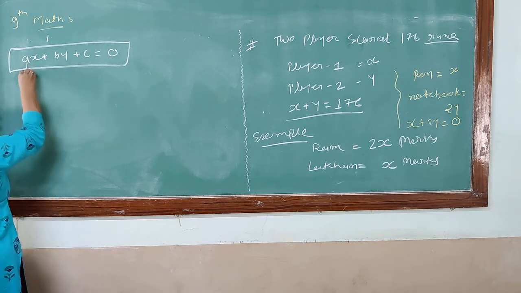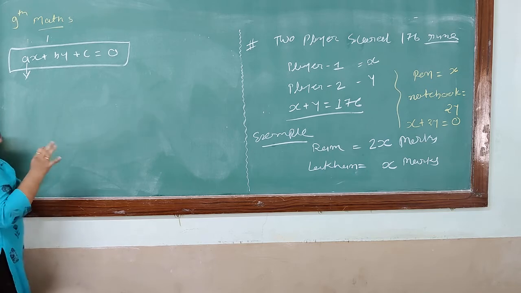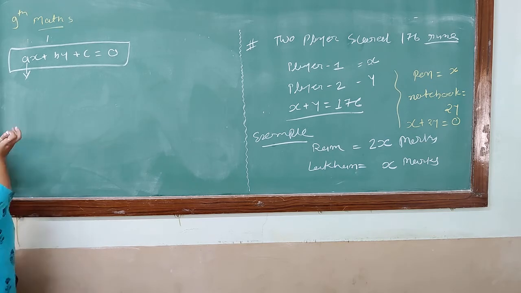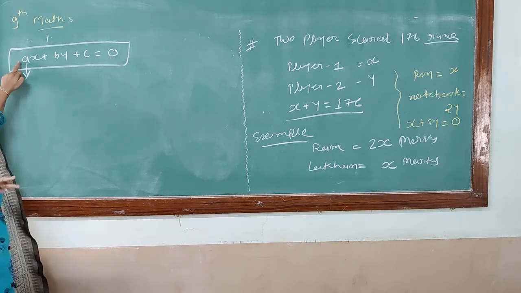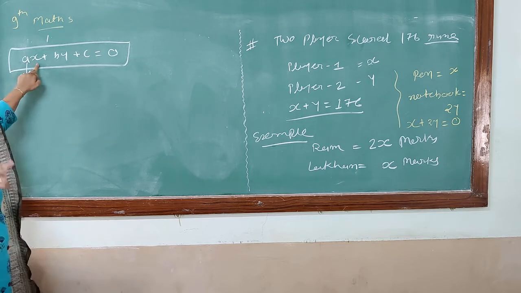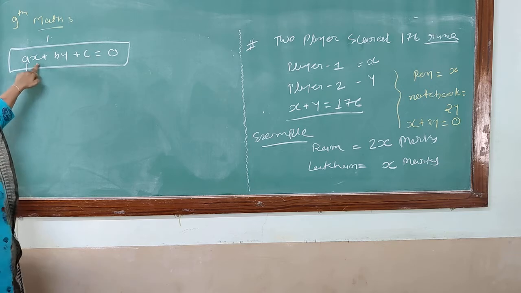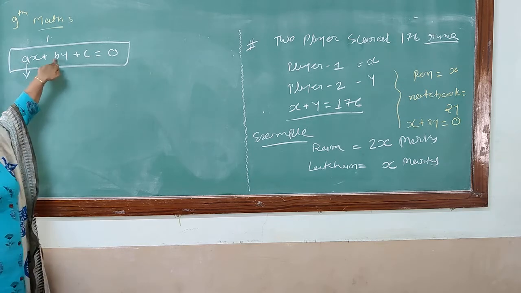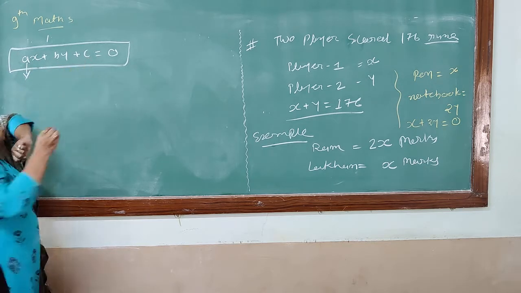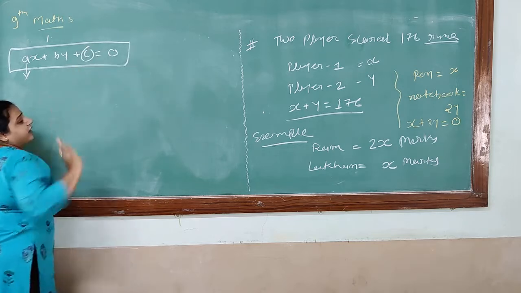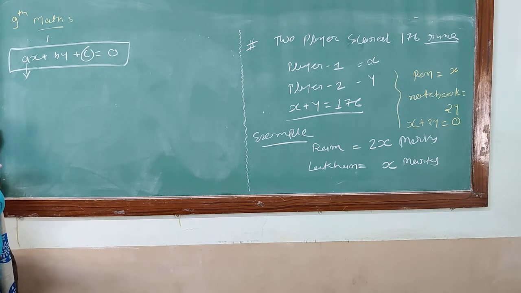How? A is known as a value, that is coefficient. In chapter number 3, the value of anything besides the variable is known as coefficient, right? So A, B and C. Yes, so C has no variable, it is single, so it will be a constant.